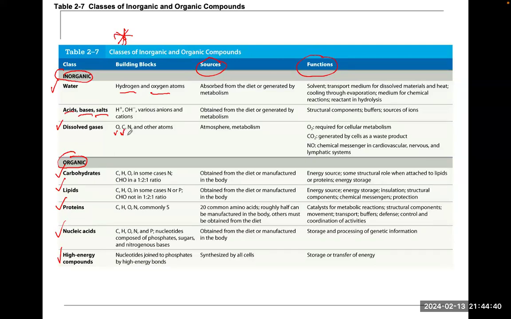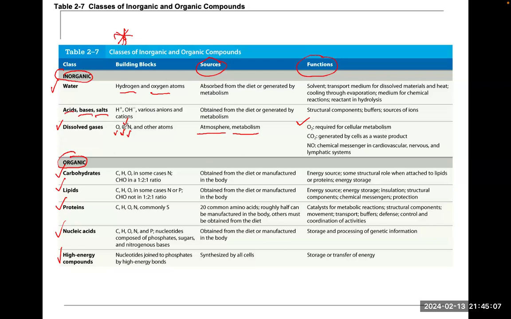carbon, we have nitrogen, and these are all found throughout the atmosphere, also byproducts of metabolism, right? So if we think of the O for oxygen, it's required for cellular metabolism. If we think of the C, the carbon and oxygen, carbon dioxide, it's generated by the cells as a waste product.